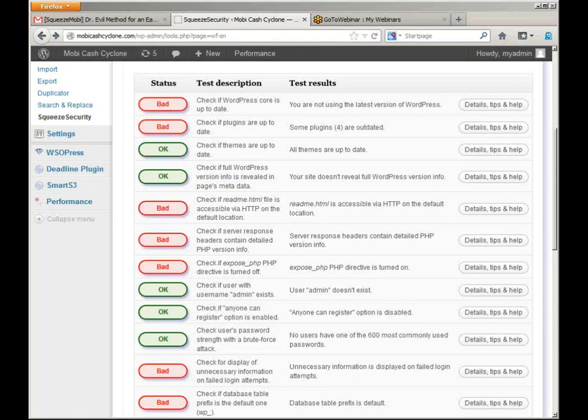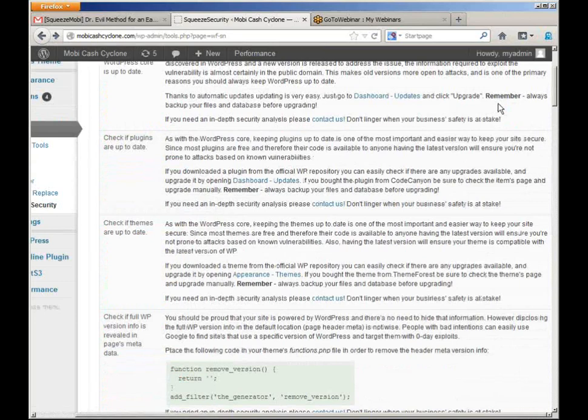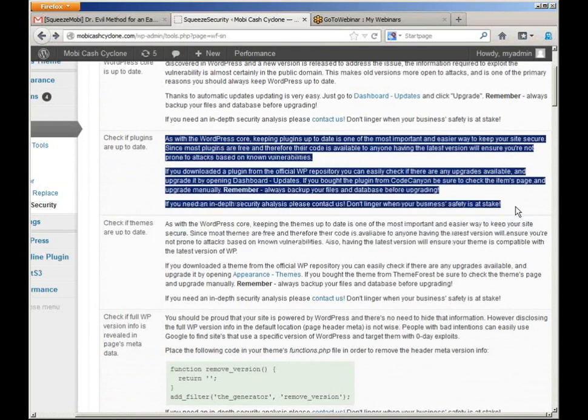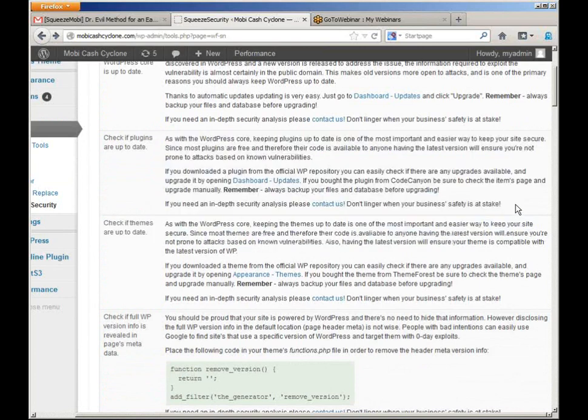But the great thing here is that for you guys who are more technically oriented, there are all these details and tips. It gives you information on each one of these. It doesn't just tell you what the problem is, it actually tells you how to solve it. And if you know just a little bit, then it's pretty clear how you should solve these different problems.